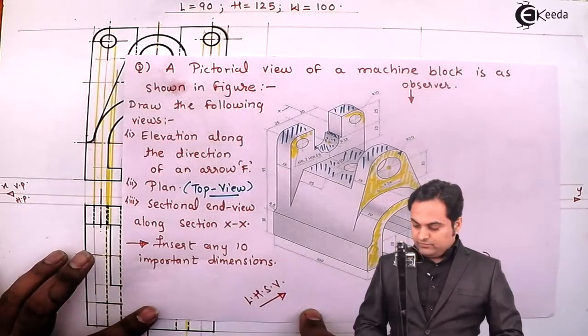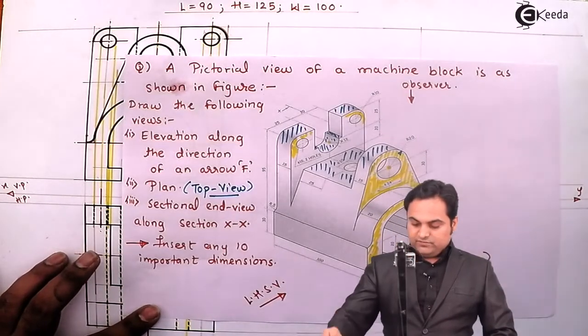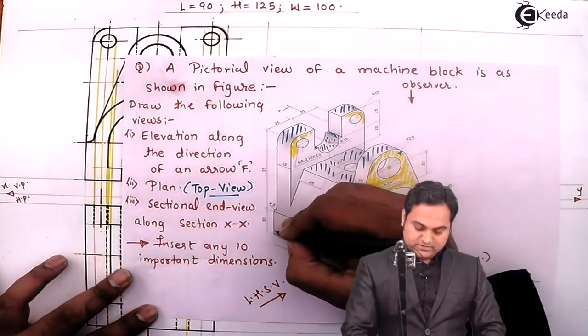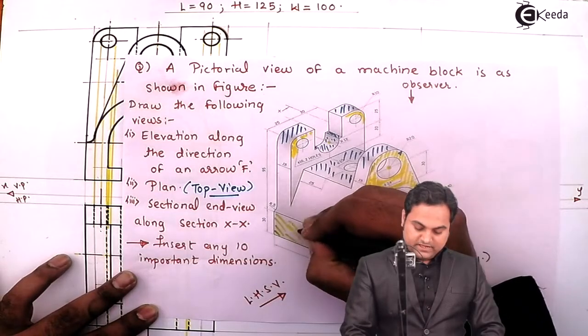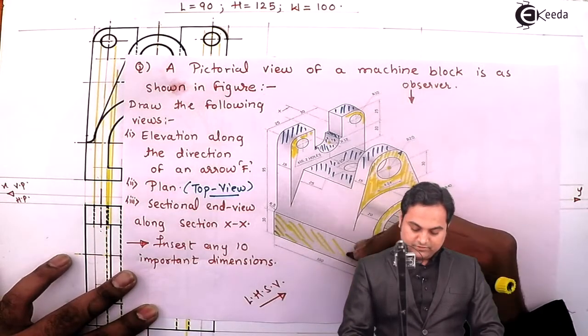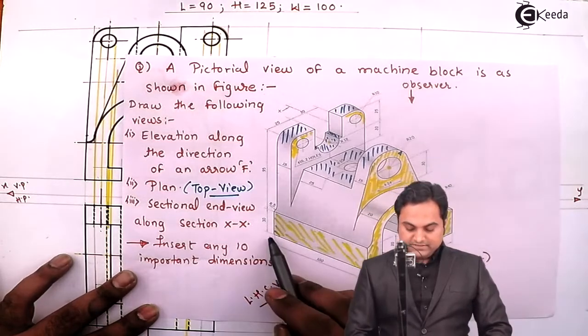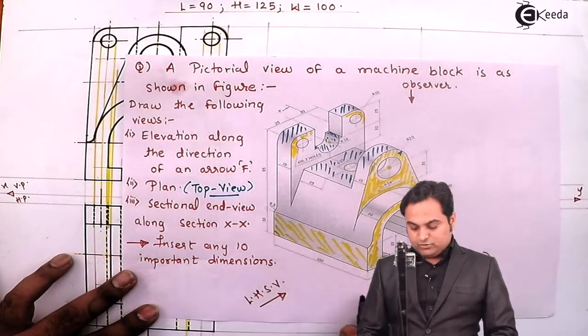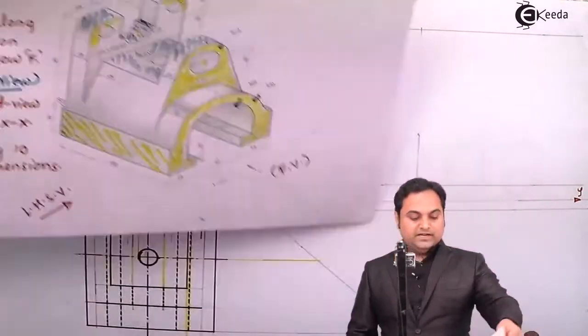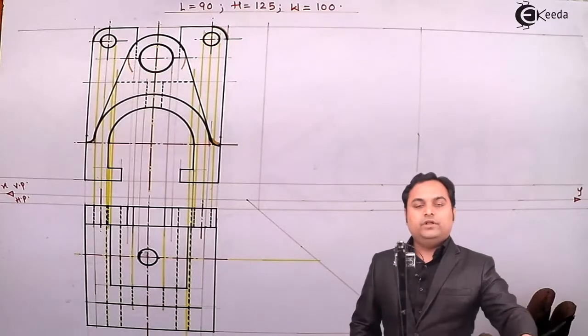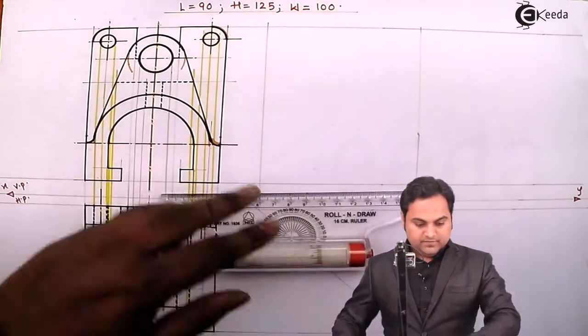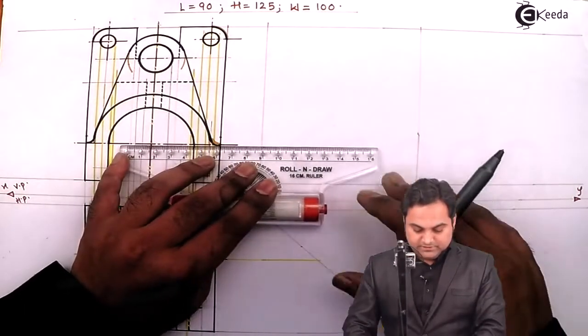So when I'm looking from the side, the first thing which is visible to me is this rectangular surface. This has a height of 30 mm and width is throughout 100. So height I'll get from the front view, width from the top view. 30 mm height, that is nothing but this center line.